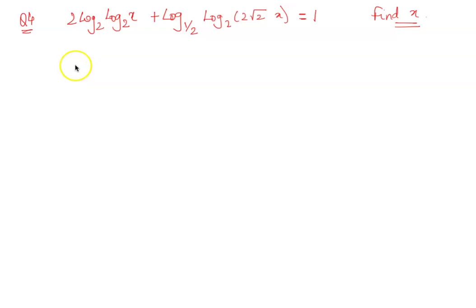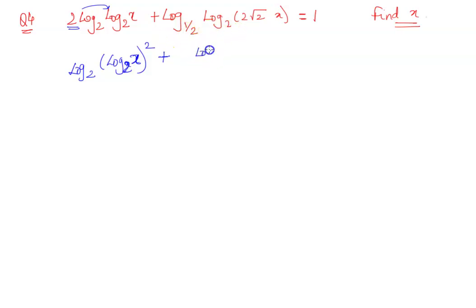So let's solve this. We can write this as log x to the base 2. This is a multiplication, so this can go as a power, whole square. Right? Now let's apply a log base changing theorem here.